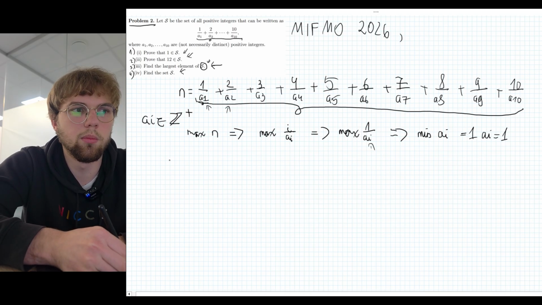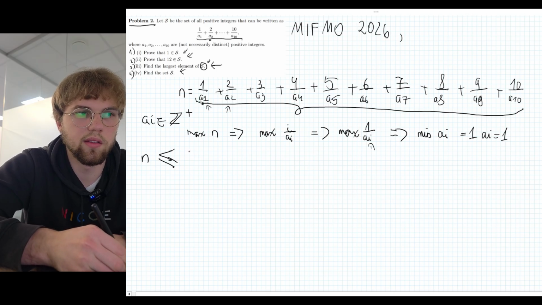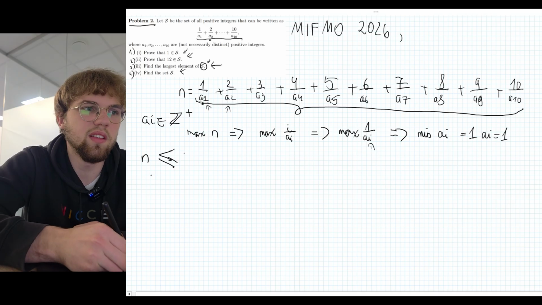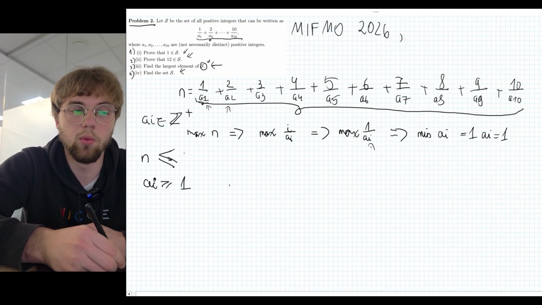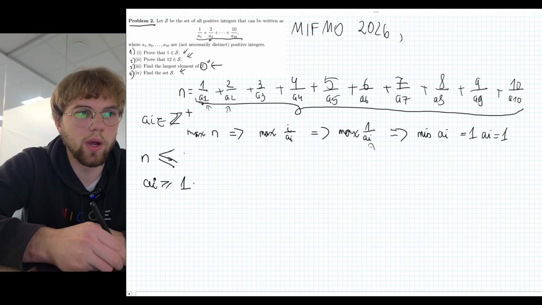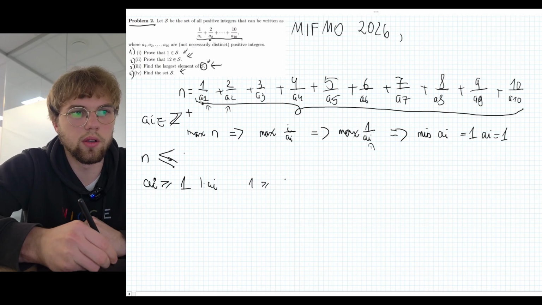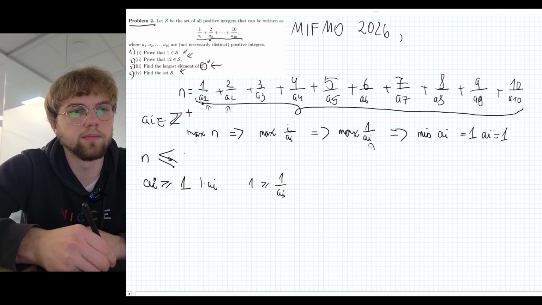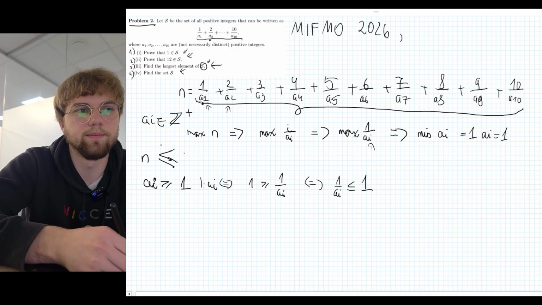So we could prove it by saying that, well, I'll just proceed with this sum here. n is less than or equal to what? Well, we have that A_i is greater than or equal to 1. And if we divide by A_i, we have that 1 is greater than or equal to 1 over A_i, and this is the same as 1 over A_i being less than or equal to 1.